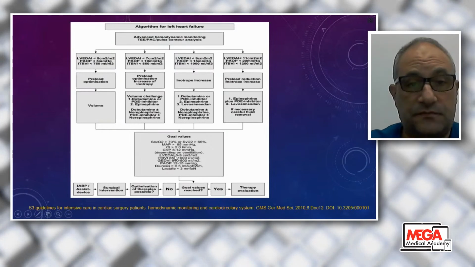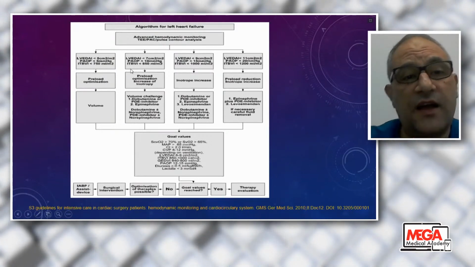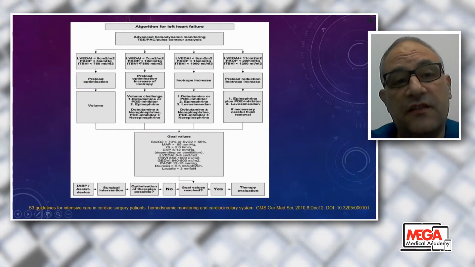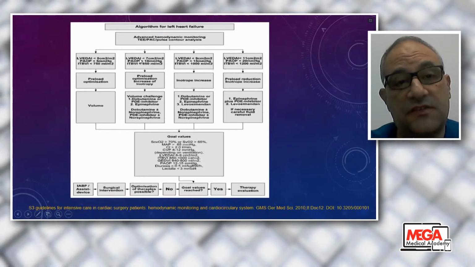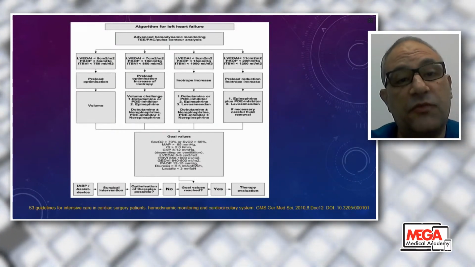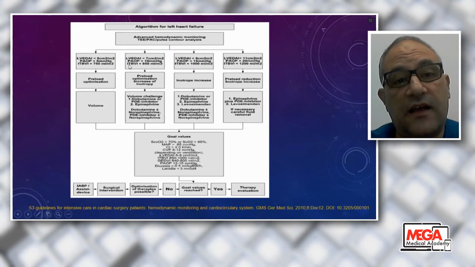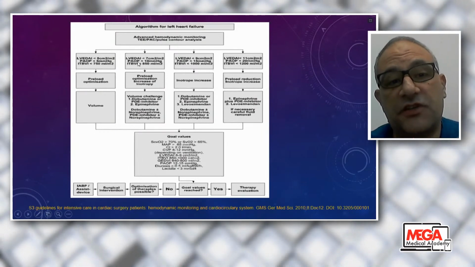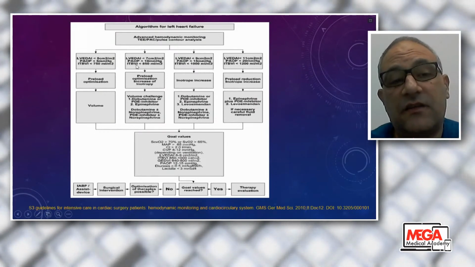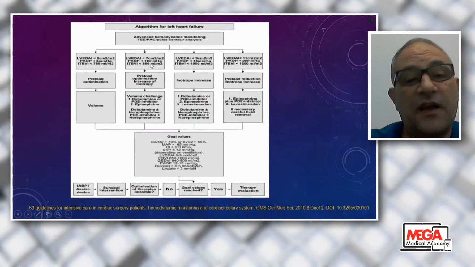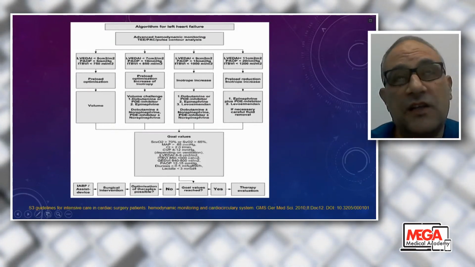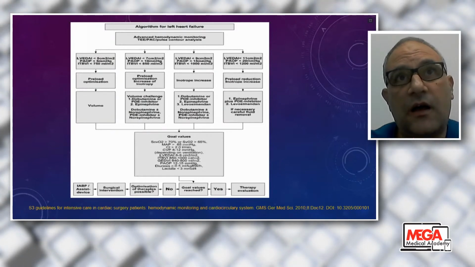But if I have a left ventricular end diastolic area index by the echocardiography between 5 and 7, and pulmonary artery occlusion pressure less than 10, and intrathoracic blood volume index less than 850, it is the lower range of normal.